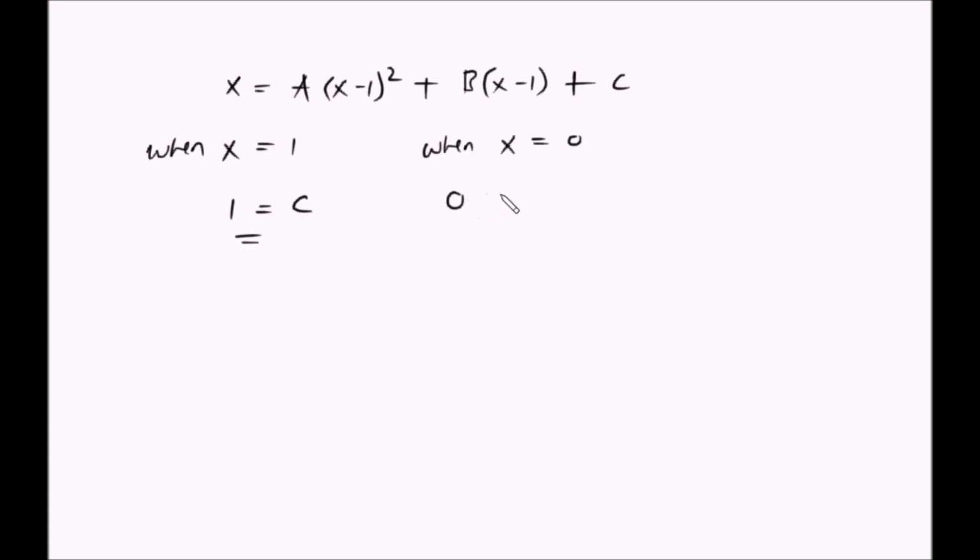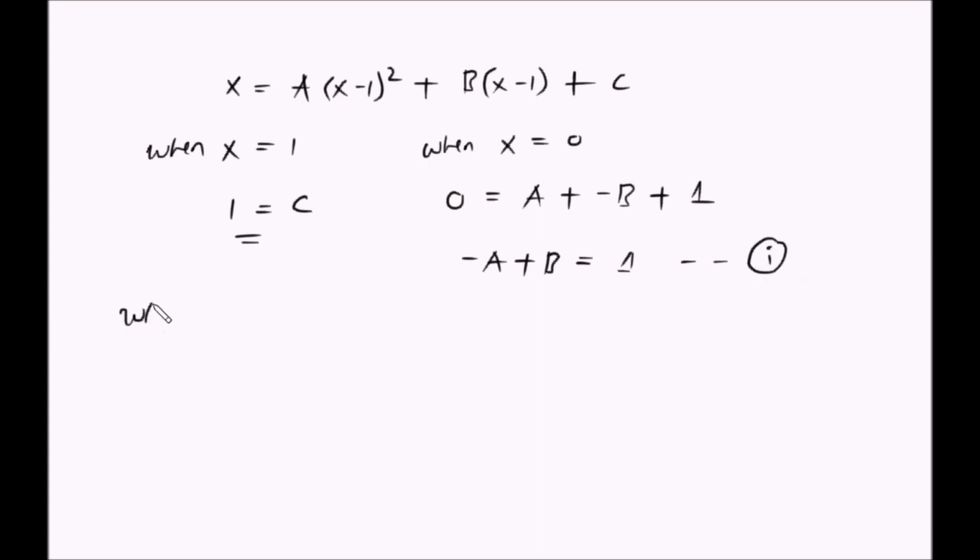Halafu 0 minus 1 ni negative 1, negative 1 square ni 1, hapo itabaki a. 0 minus 1 negative 1, negative 1 times b plus c. C tushapata ni 1. So kumbe negative a plus b is equal to 1. So this is our first equation.